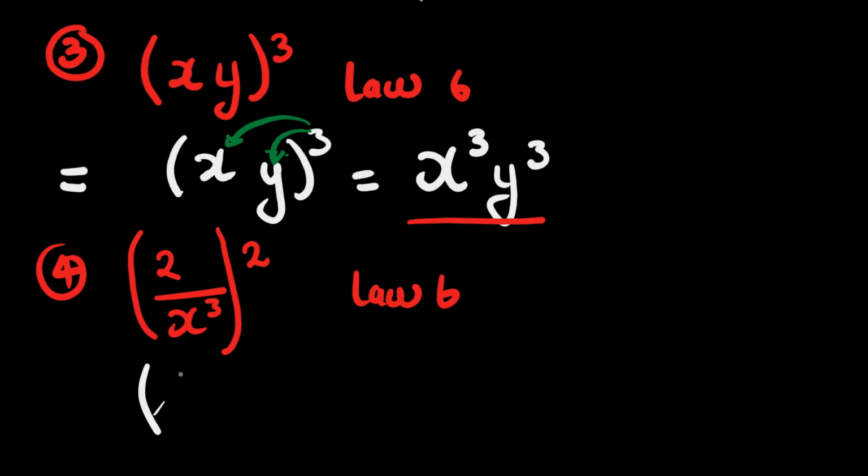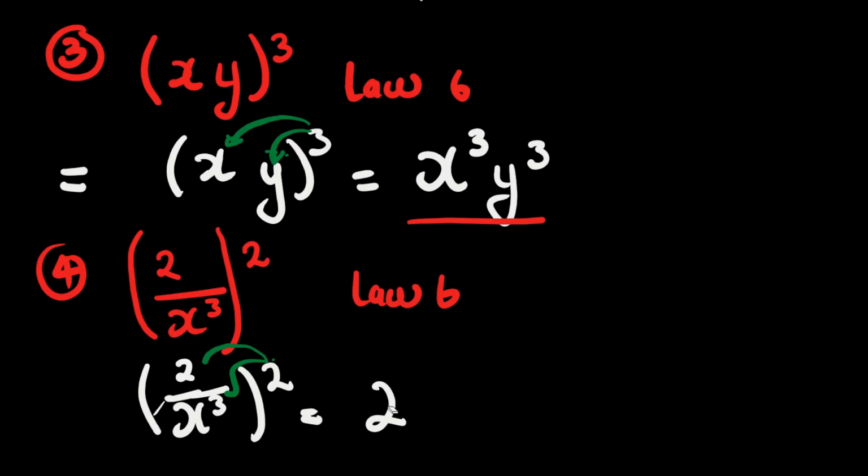So I will rewrite this: 2 over x to the power of 3, all to the exponent of 2. What will happen here is that this 2 will have to distribute to here and also to that exponent there. So the answer now is 2 to the power of 2 over x to the power of 3 times 2.